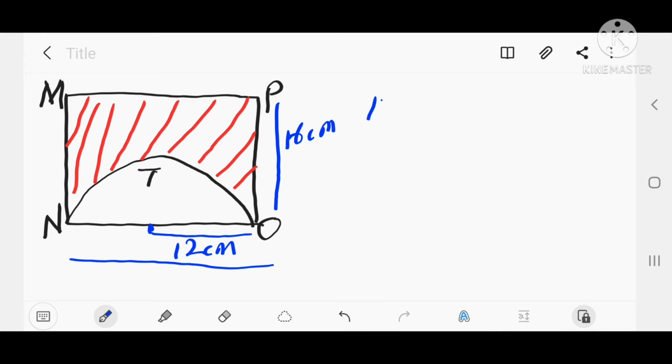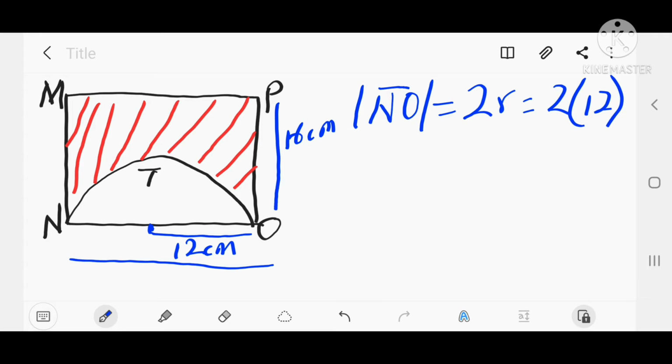So the length of line NO will be 2 times 12, so we have 24 centimeters.